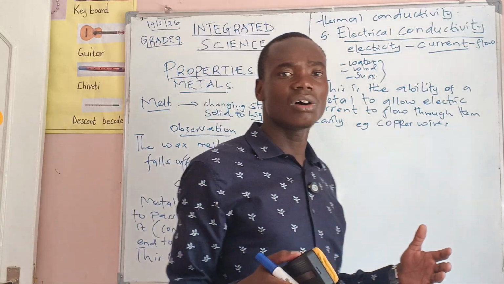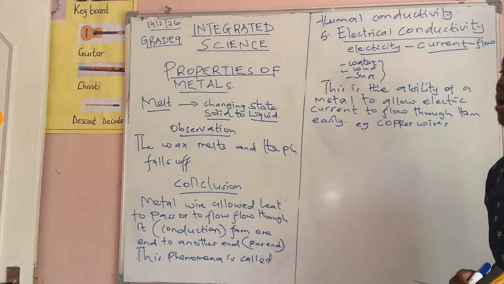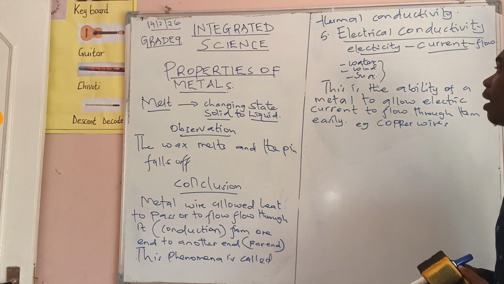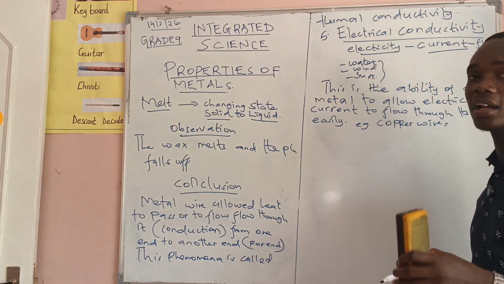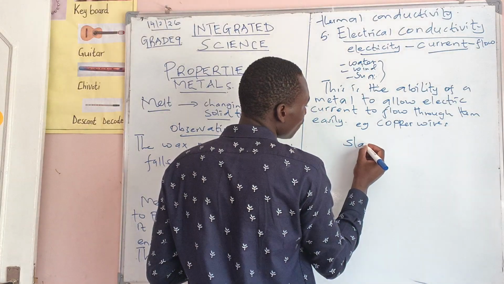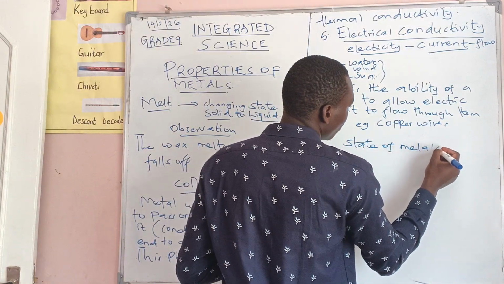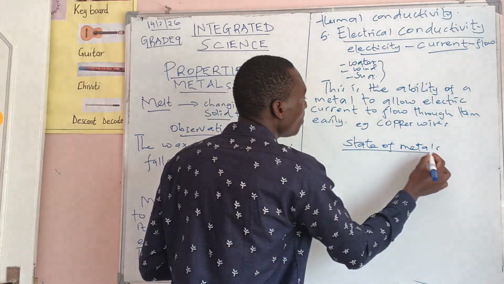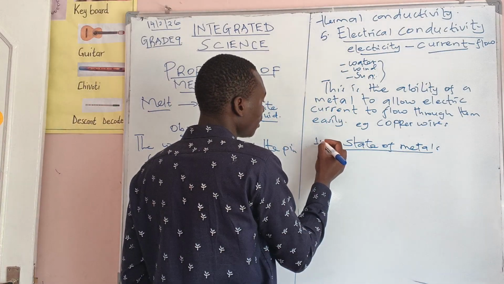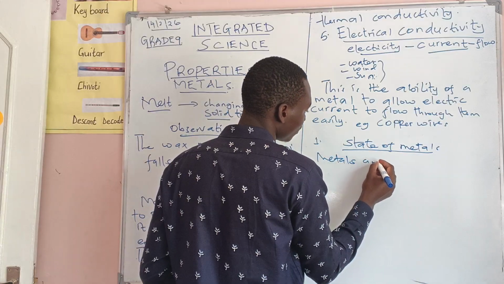That brings us to the end of our subtopic, properties of metals, for today, and I would love to add one thing. Under state of metals, we said, number one, that metals are solid at room temperature.